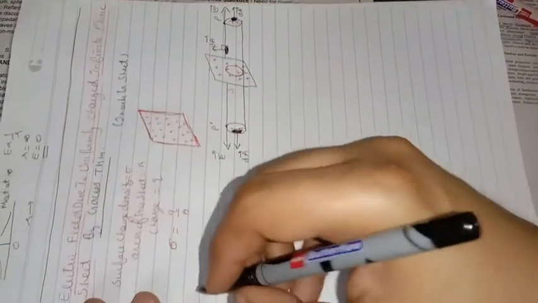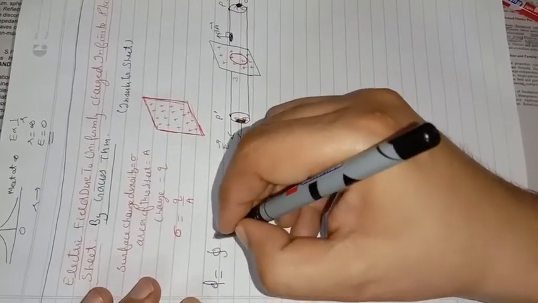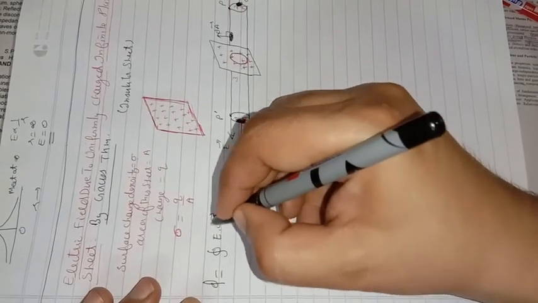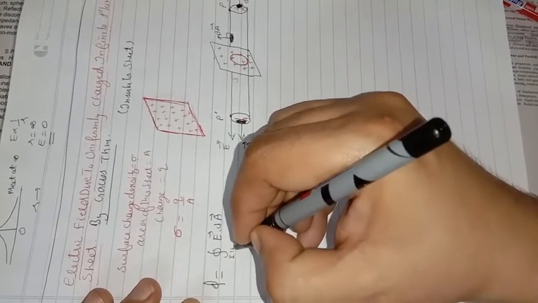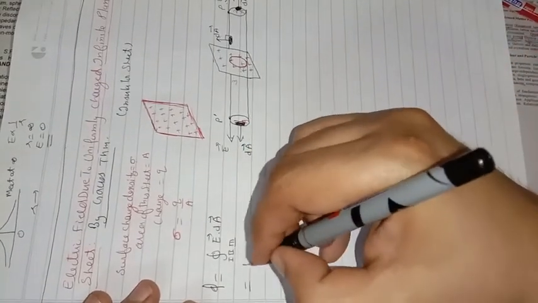So in this case, the total electric flux will be equal to the integral of E dot dA for the first surface, second surface and the third surface.